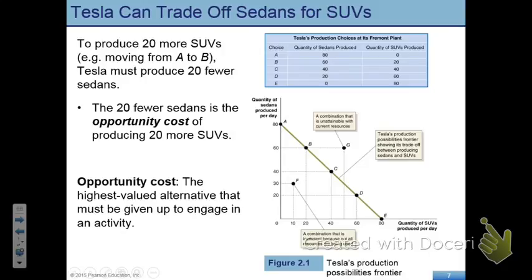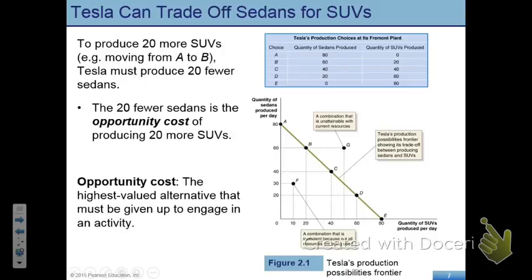So the slope, which also indicates the opportunity cost in this production possibility frontier, is constant. It is always 1. Do we all see that? For every 20 automobiles Tesla gives up, it gains 20 more SUVs. So the opportunity cost between an SUV and a sedan is 1-to-1 for Tesla.